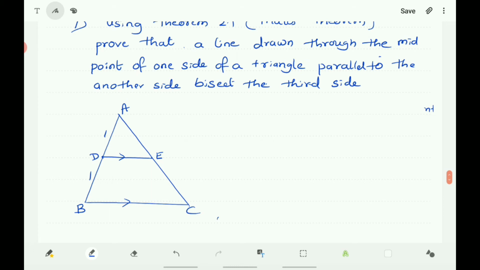Now you take in triangle ABC, here D is the midpoint of AB, means you know that AD is equal to DB. AD is equal to DB, given that. What is given here? Given that D is the midpoint of AB.